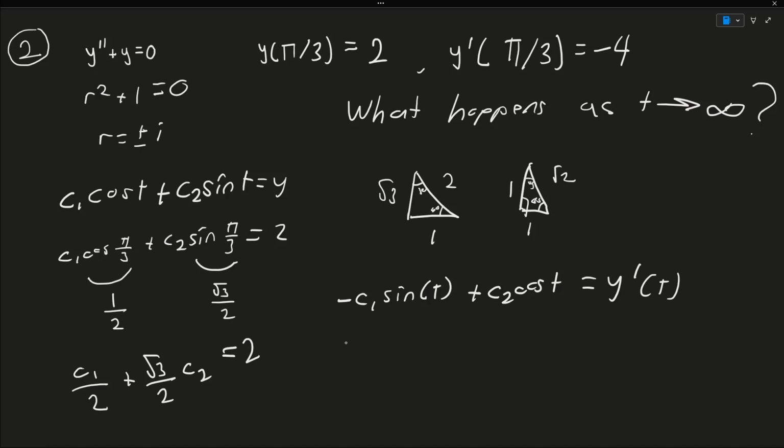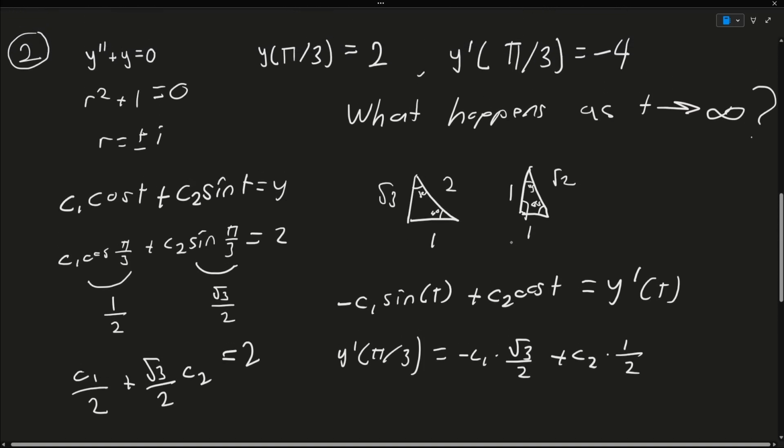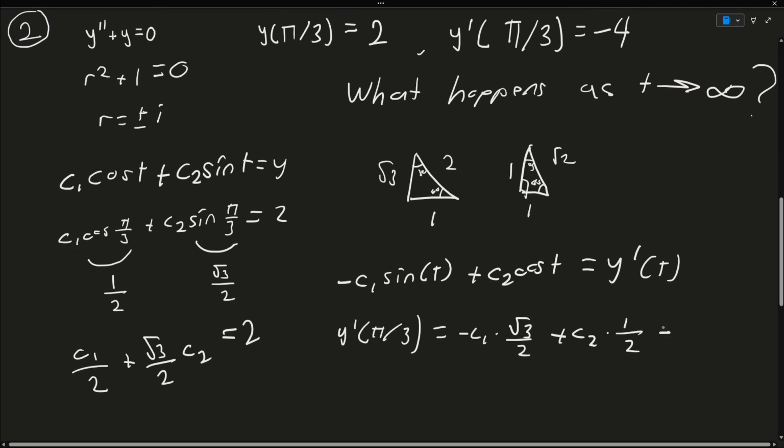So now let's find y prime of pi over 3. Y prime of pi over 3 is going to be negative c1 times sine of pi over 3, which was root 3 over 2, plus c2 times 1 over 2, which is going to be equal to negative 4.